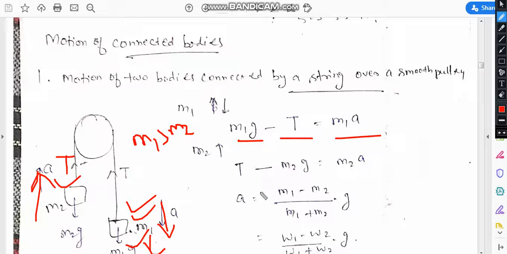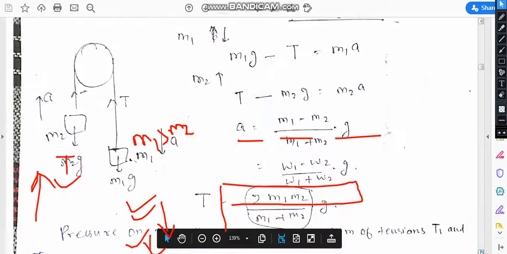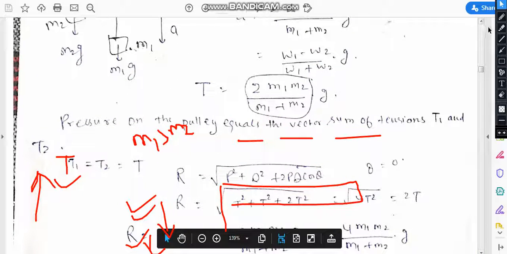By solving these two equations we can obtain the final expressions for the acceleration as well as the tension.